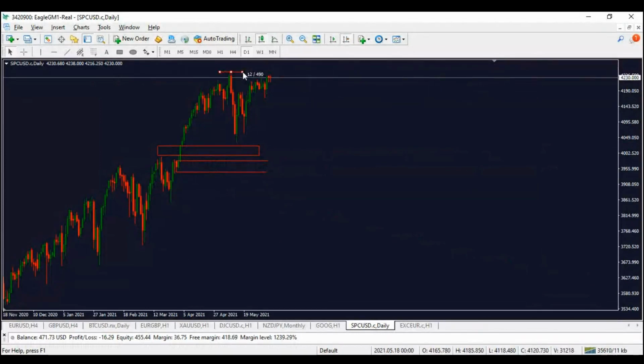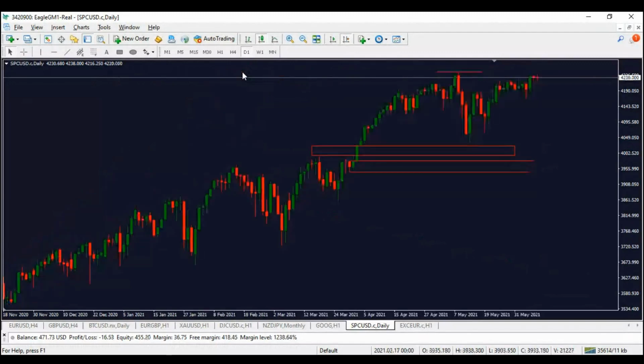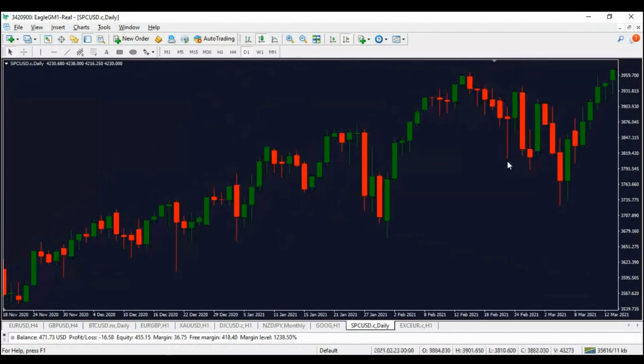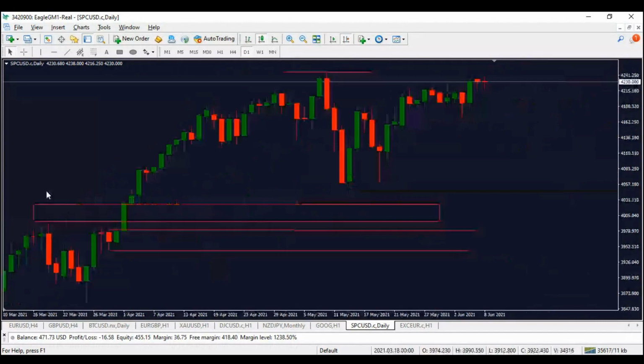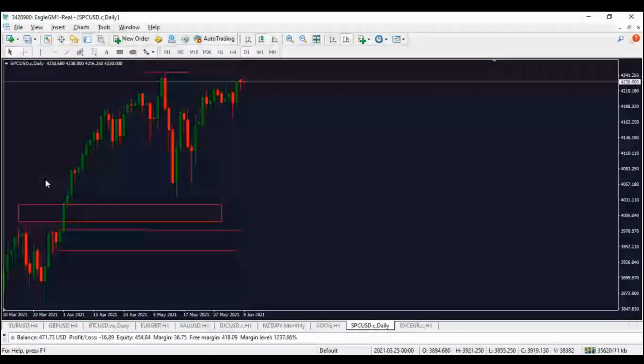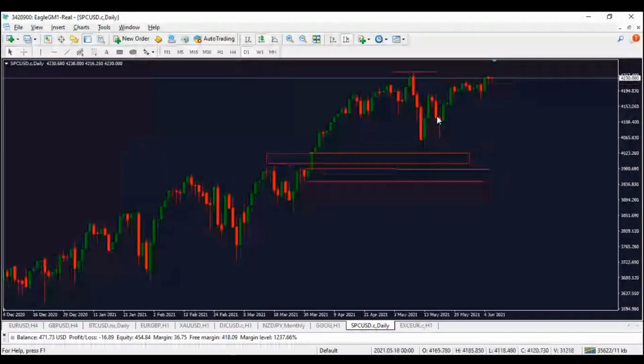So this is the all-time high we are watching right there. Now, we want to consider all factors, all hands on deck. This is resistance right here. This was a source right here.